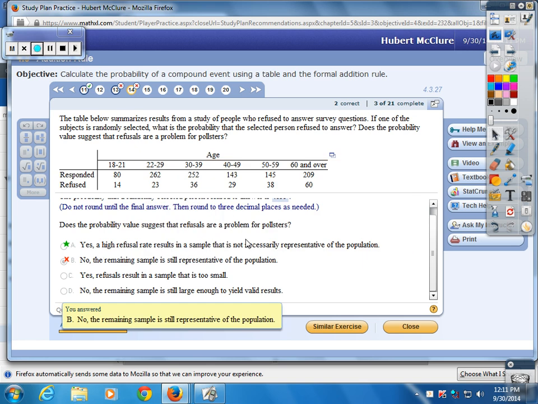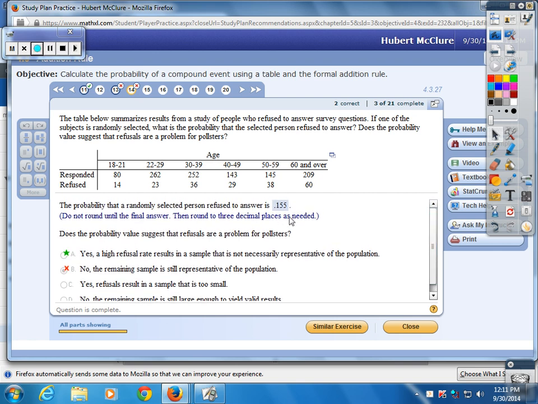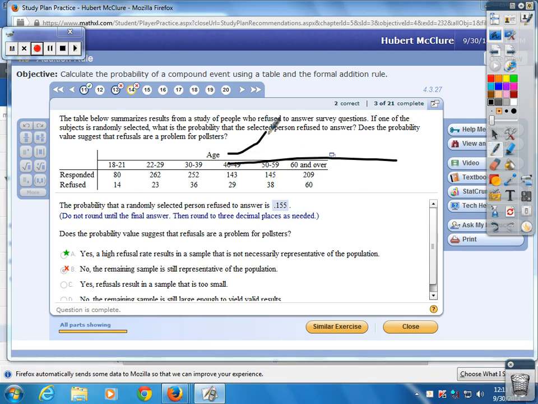Yes, a high refusal rate results in a sample that I don't see how you could call 0.1%. The only way I could see they call it 0.1% is if it's greater than 5%. Where did the 5% come from? The empirical rule.